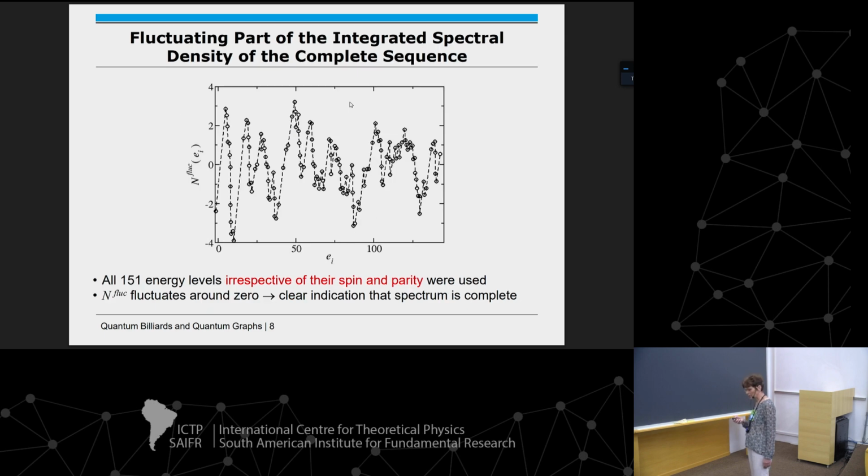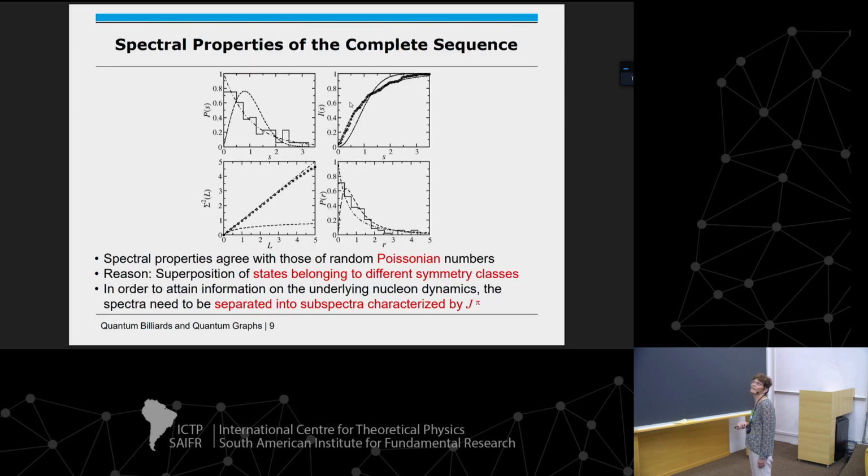Here I show just the fluctuating part, which I obtained by simply taking all 151 levels, and it fluctuates around 0, which tells us that all eigenvalues were found. Now, if you do spectral statistics and take all of the eigenvalues irrespective of their symmetry, then you obtain nothing that looks like GOE. In this nucleus, you would expect complex dynamics, that is, GOE agreement, but here you find Poisson.